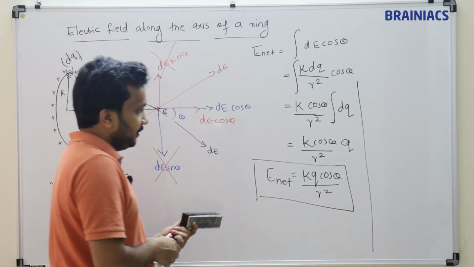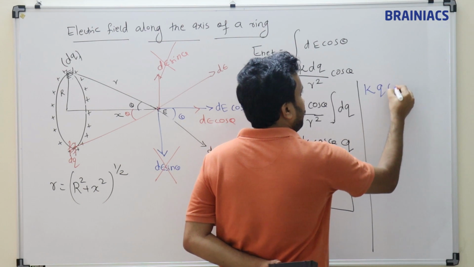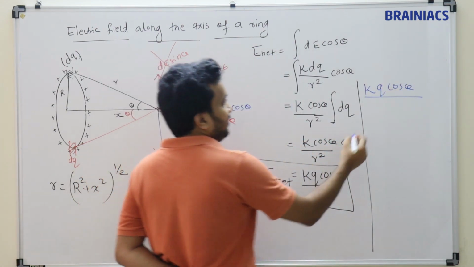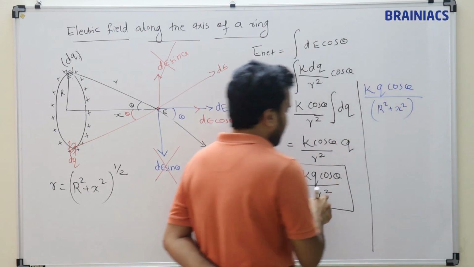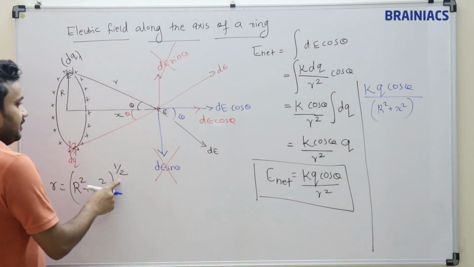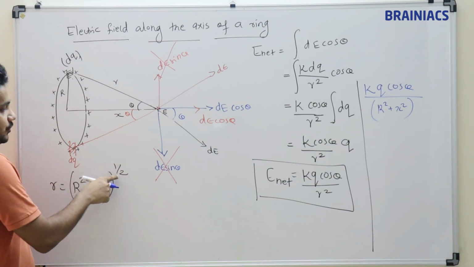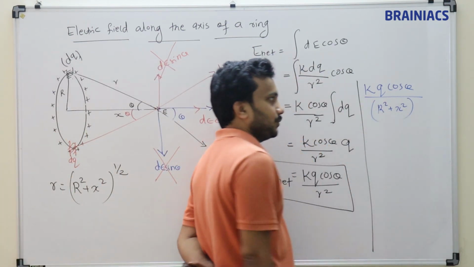So the net electric field can be further modified: K into Q cos theta whole divided by R square plus X square. Here it is square and here it is root, so here it is coming as R square. So R square we can replace with R square plus X square.